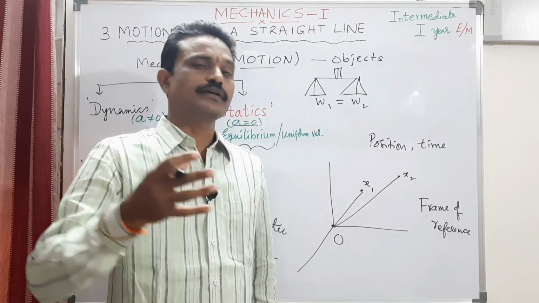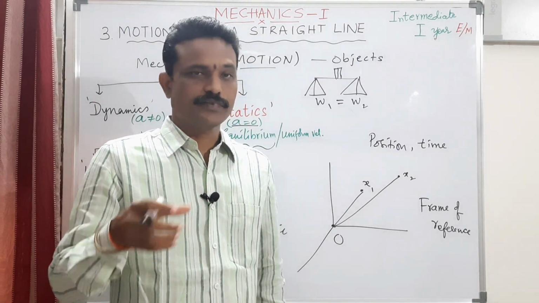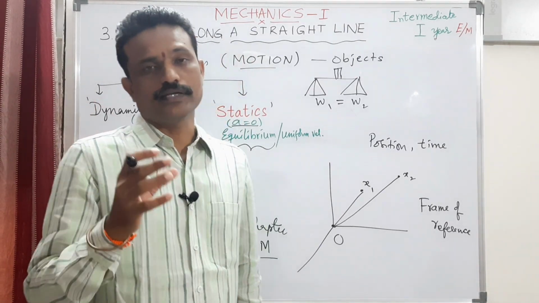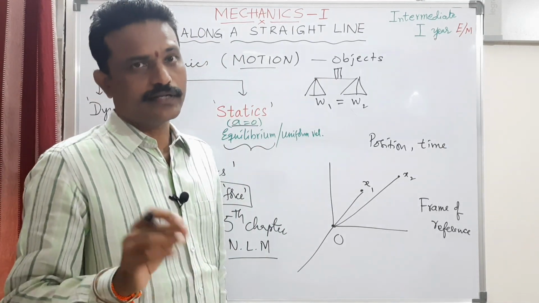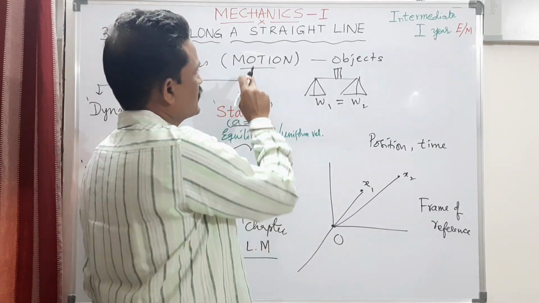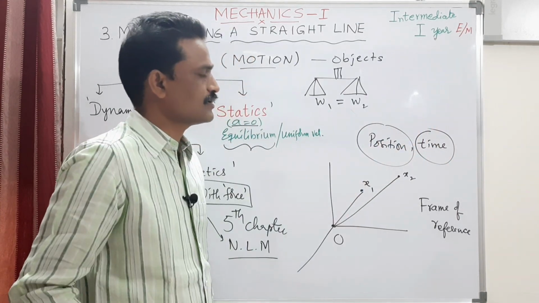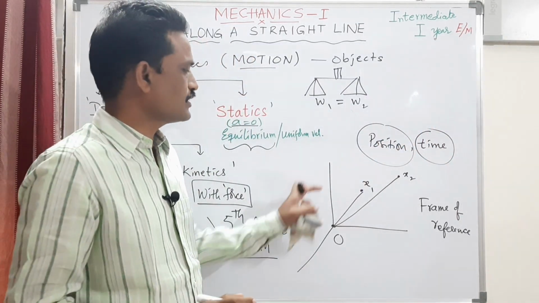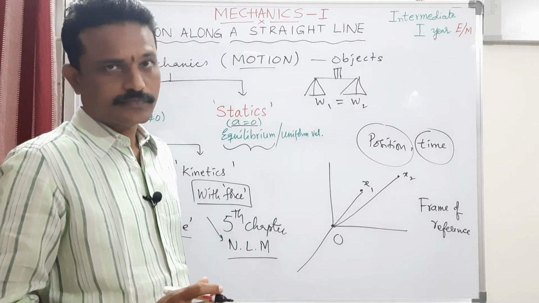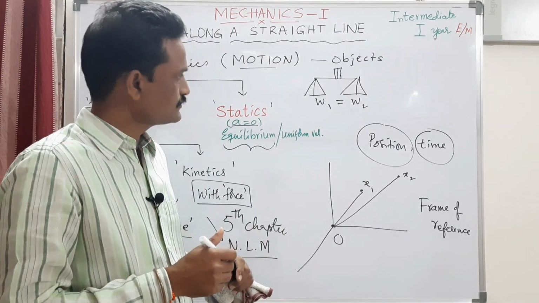In this way we are taking another reference. Without telling the reference, we cannot locate anything. So even for describing motion, I should know position and time. These are the two coordinates which are essential to describe the motion of the object. I think it is clear, right?